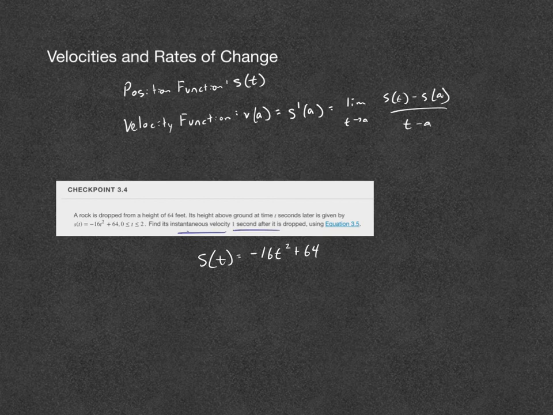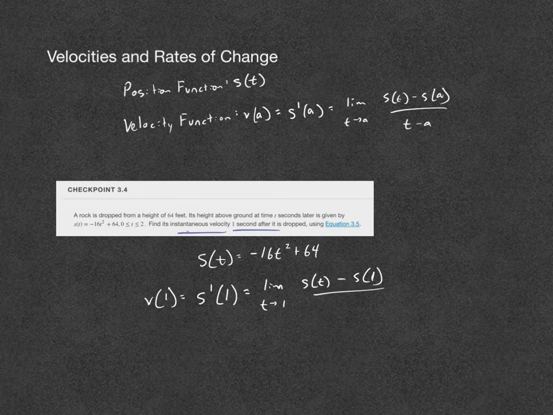All right, so this is s prime of 1, and that is the velocity at 1 second. It is the limit as t approaches 1 of s of t, I'll rewrite my function, minus s of 1 divided by t minus 1. So let's see what we get here.